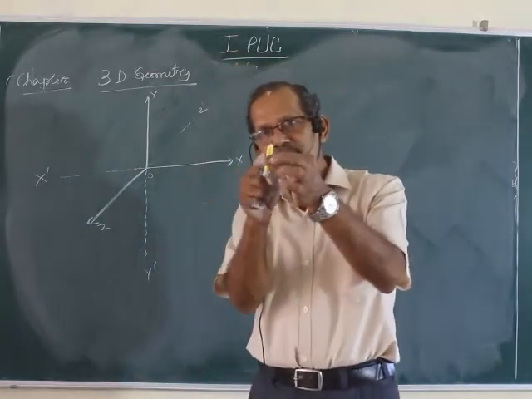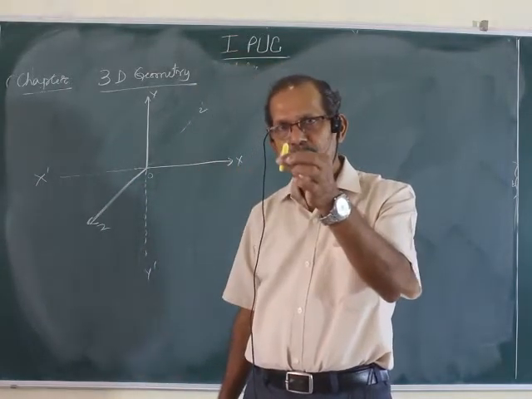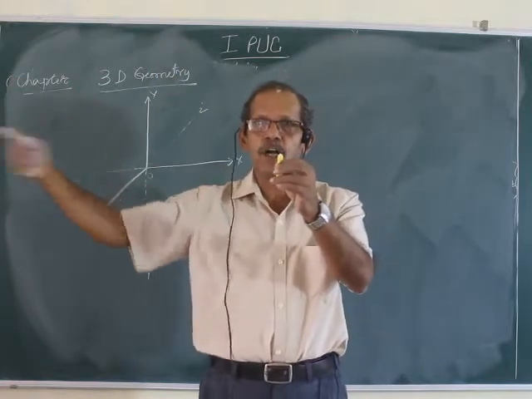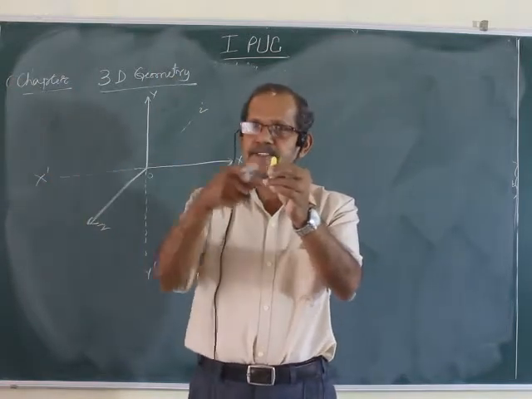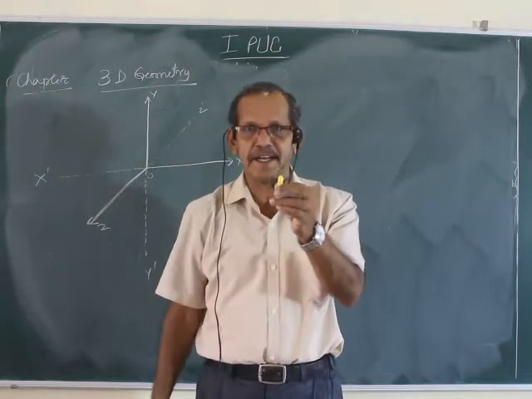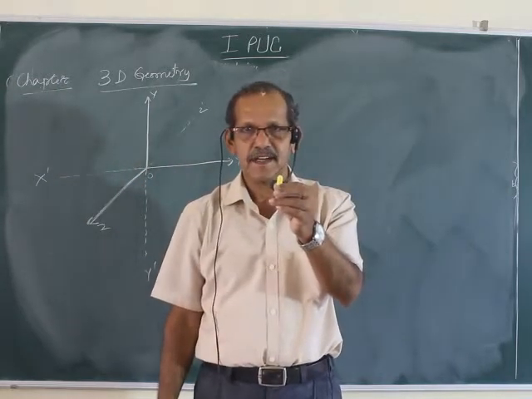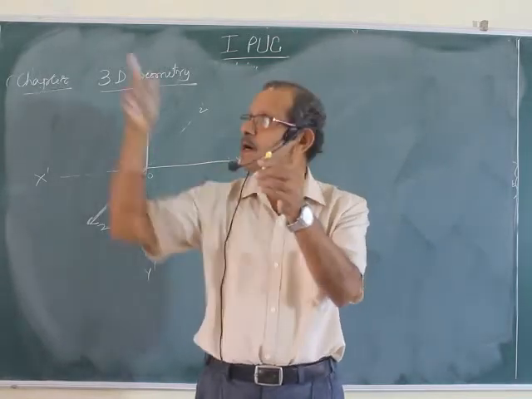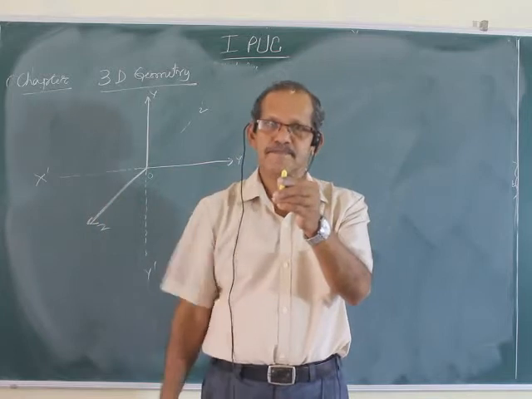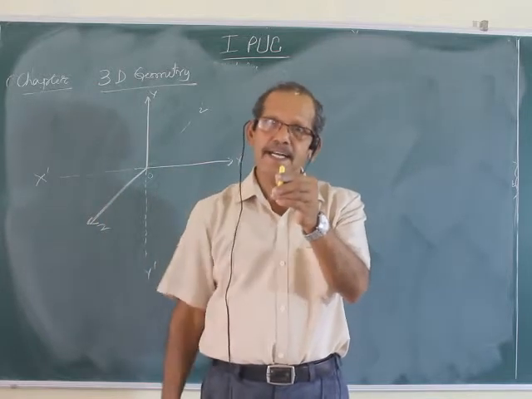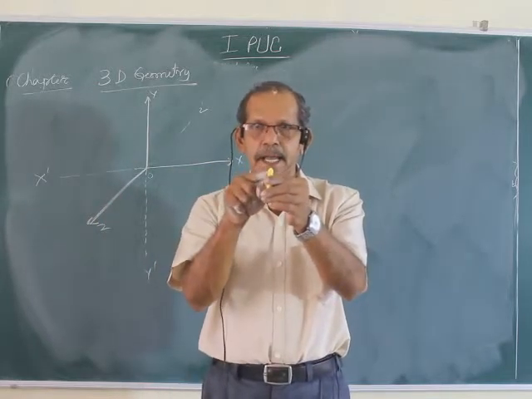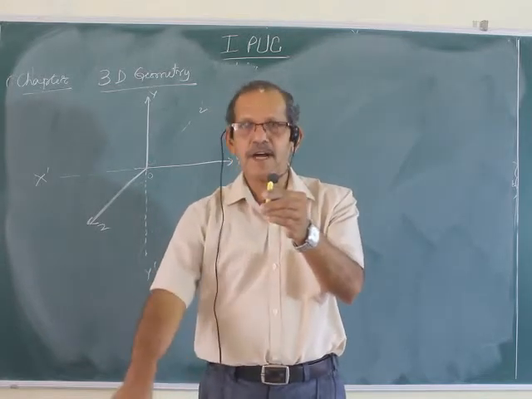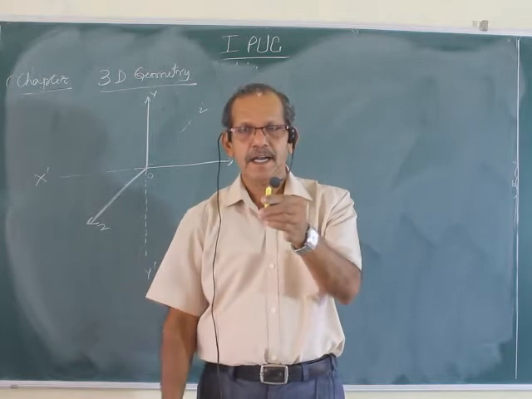Now, the perpendicular distance of this point from the YZ plane, that wall, is the x coordinate. X coordinate is the distance of any point from the YZ wall. Y coordinate is the distance of the same point from the floor, the ground floor, because the ground is the XZ plane.